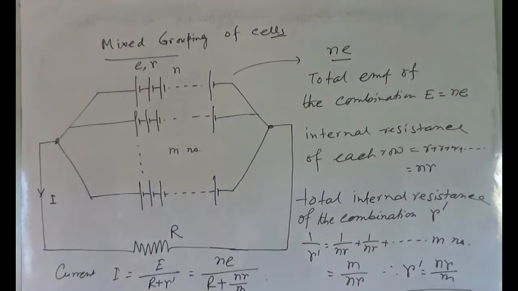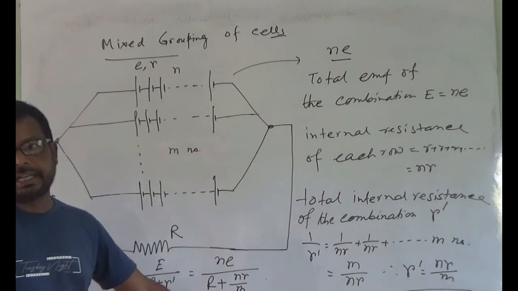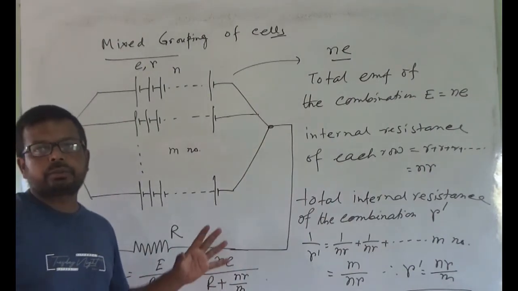This is the current flowing through the combination. I equals mne divided by mR plus nr. This is the total current flowing through the circuit.